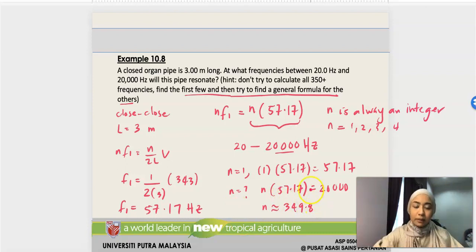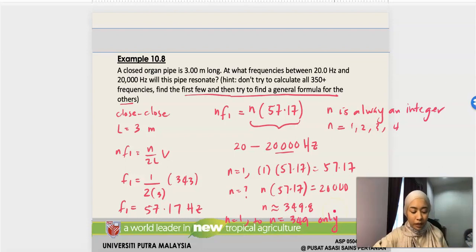Kalau dia ada 0.8, maksudnya dia tak sampai lagi 350 harmonic, the 350th harmonic, which means that it only reaches 349 complete harmonics. So, our closed organ pipe, which is 3 meters long, has a frequency that overlaps with the audible range, 20 to 20 kilohertz, from n equals to 1 to n equals to 349 only.